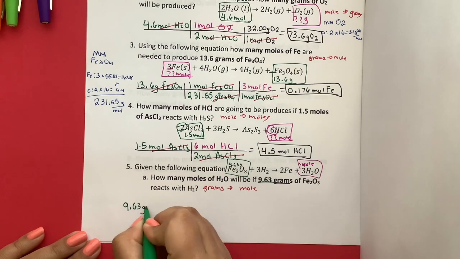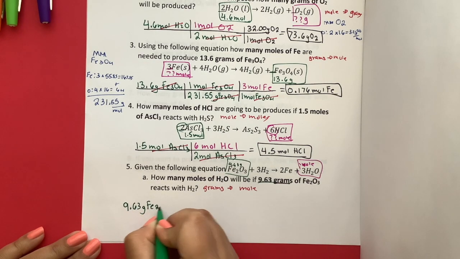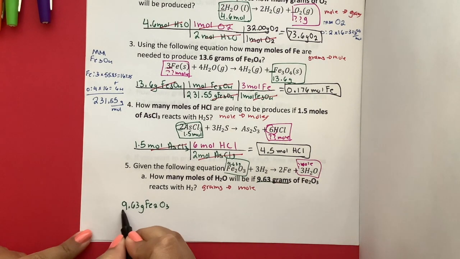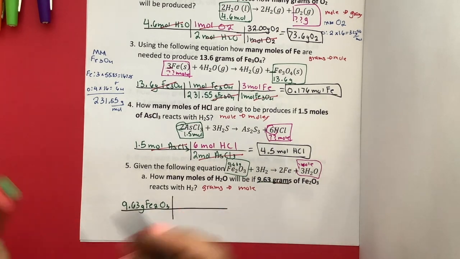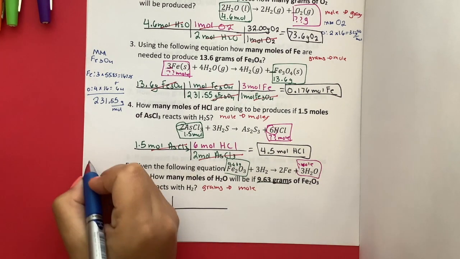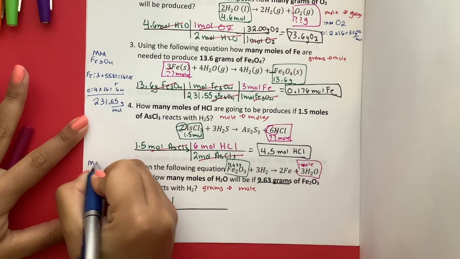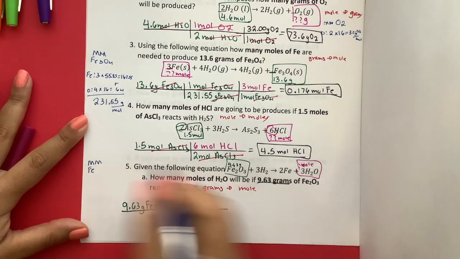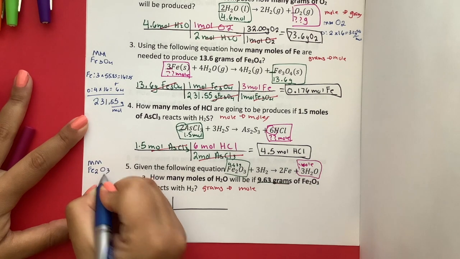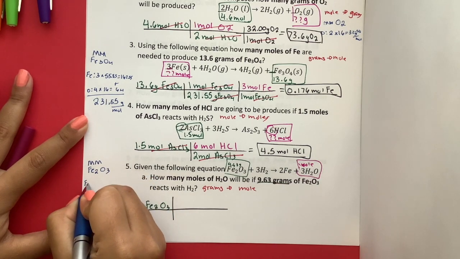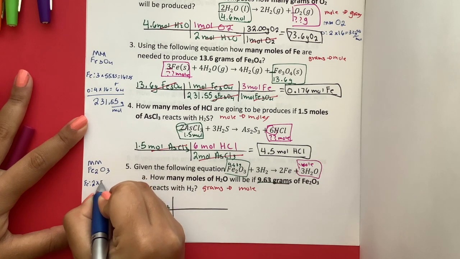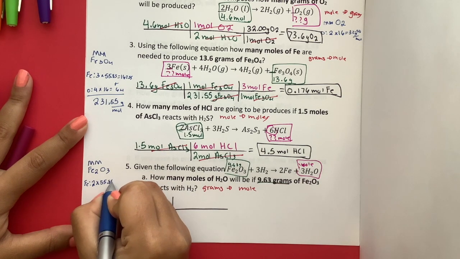9.63 grams of Fe2O3. Next, we need to turn that grams into moles, so then we could use a mole ratio. And the way we go from grams to moles is by using the molar mass. So we need to find the molar mass of Fe2O3. We have iron. 2 irons times the mass of 1 iron, which is 55.85.